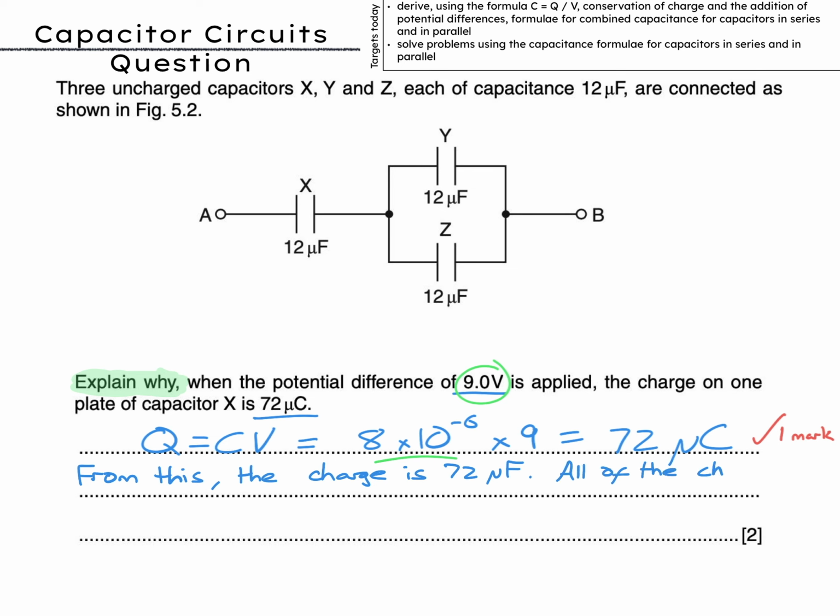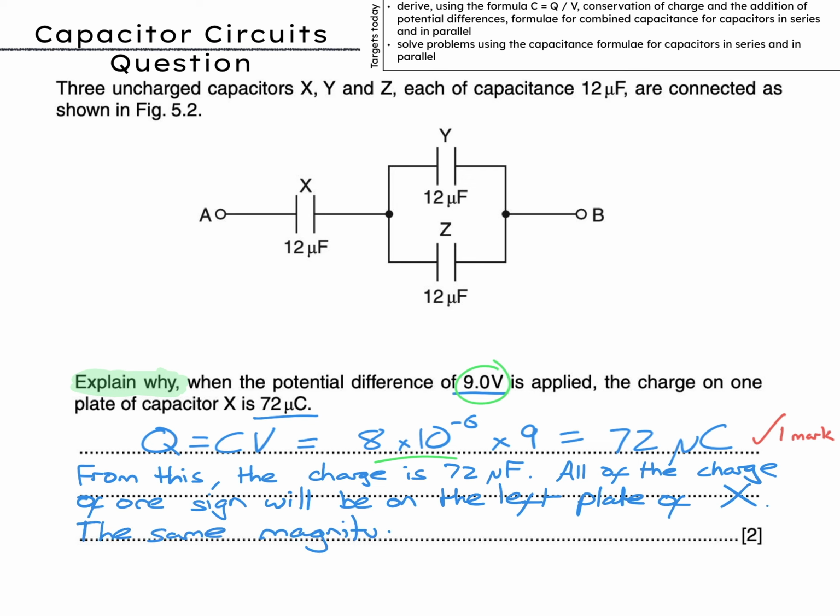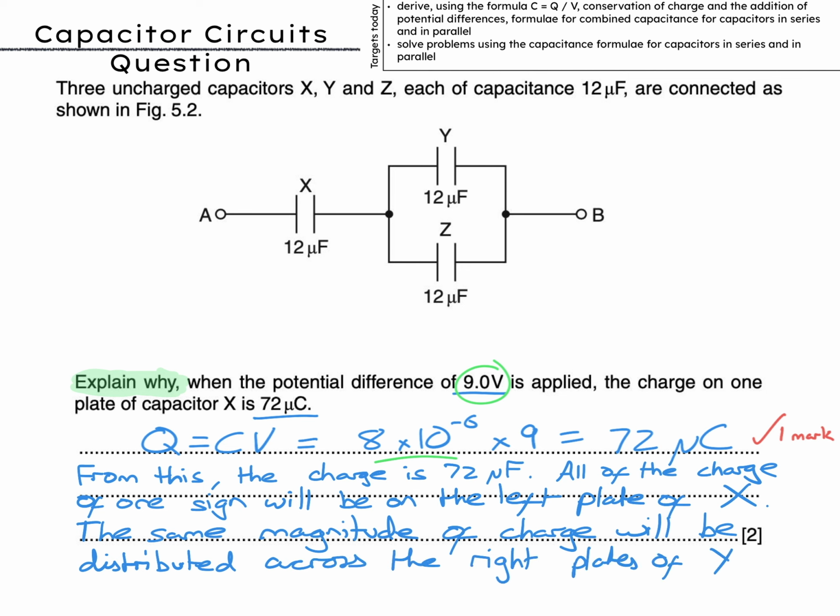All of the charge of one sign, either negative or positive, will be on the left plate of capacitor X. The same magnitude of charge of the opposite sign will be distributed across the right plates of capacitors Y and Z. It's tricky, very tricky.